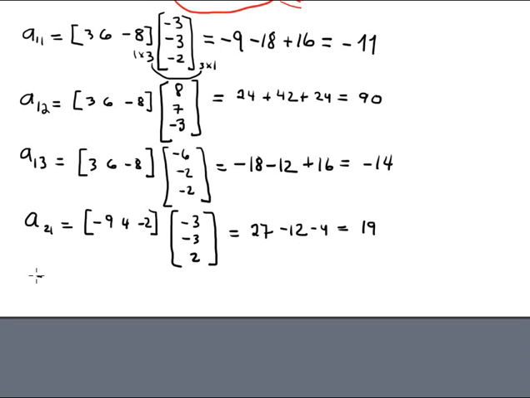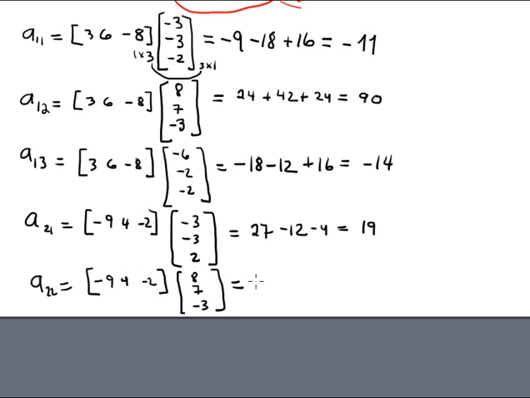Now A22. Again, the second row of the first matrix is multiplied by the second column of the second matrix, which is 8, 7, and minus 3.